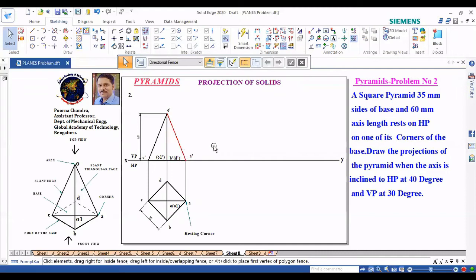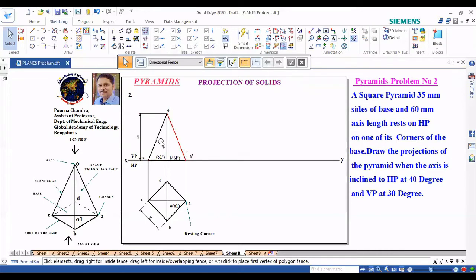We can't rotate this for 40 degree. So what we shall do, we shall rotate the base for 40 degree. Okay. So rotate the base for 40 degree.